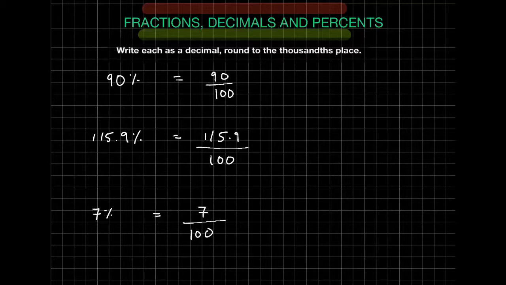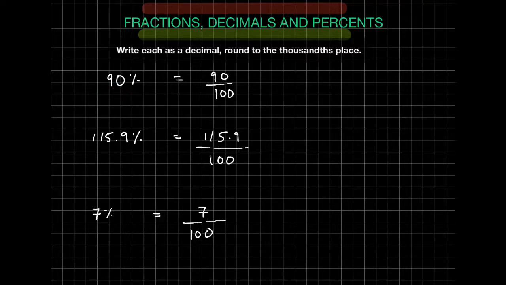So if I want to take these percentages and write them each as a decimal, that's basically dividing by 100. That means I'm going to be moving this decimal point over 2 digits to the left.